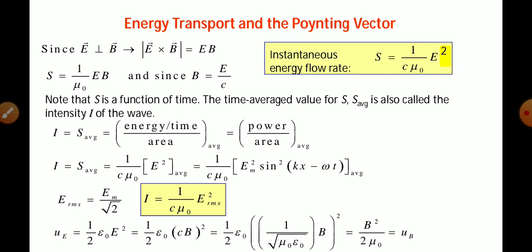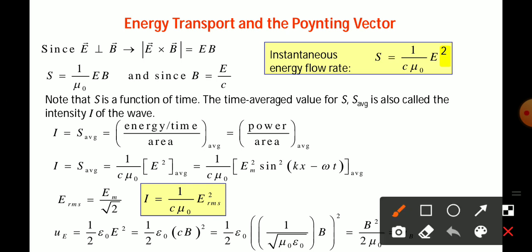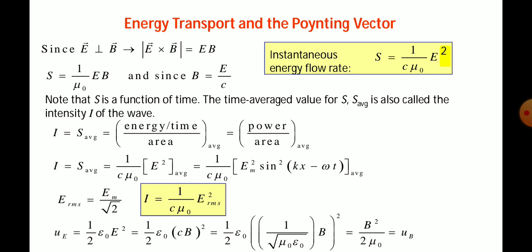The time average value of S, or S average, is also called the intensity I, and that is power by area. If you put in the individual values, then ultimately the intensity can be written I is equal to 1 by c mu 0 E square as RMS.